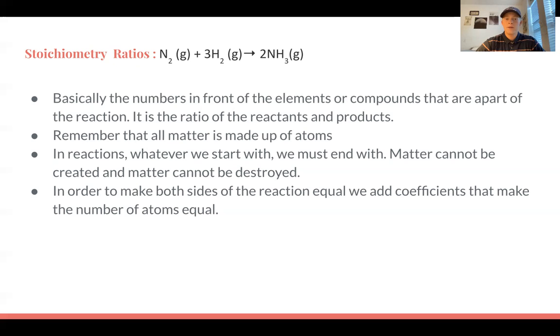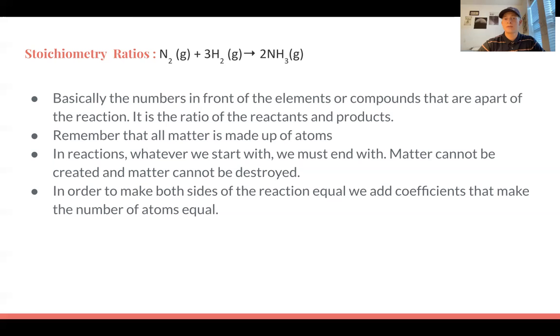Matter cannot be created and matter cannot be destroyed. This is really important to remember because, as we just talked about, chemical equations are structured with reactants and products. We need to remember that the amount of reactants has to equal the amount of products.